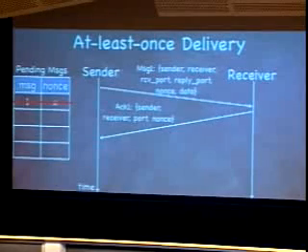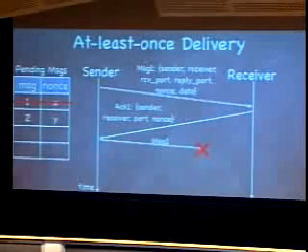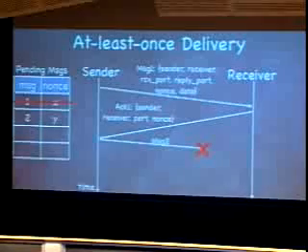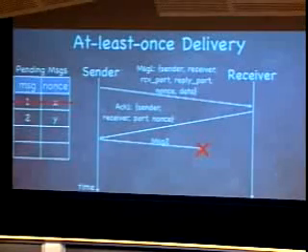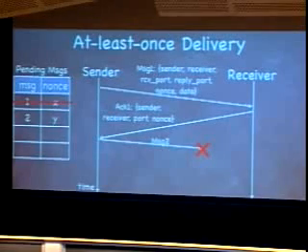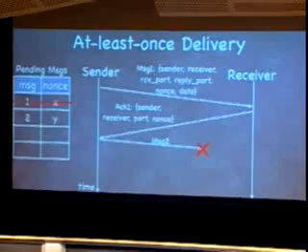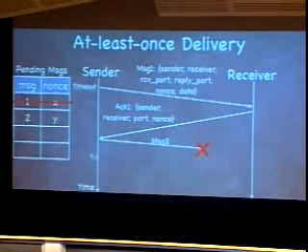Well, let's see what happens when there's loss that occurs within the network. So the idea is very simple. Suppose that the sender sends out a message 2 this time, and that message somehow gets lost in transit through the network. So the network drops the message either because of congestion or because some link failed and it doesn't get through. The idea is that the sender is going to keep a timer associated with every message that it sends.